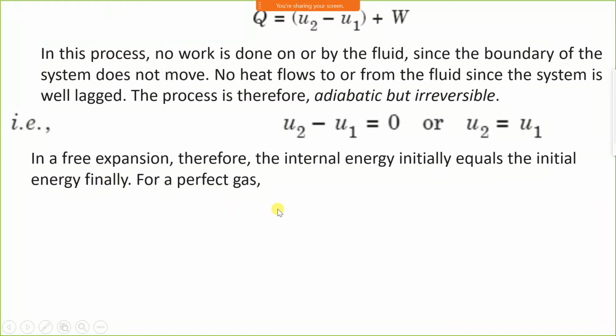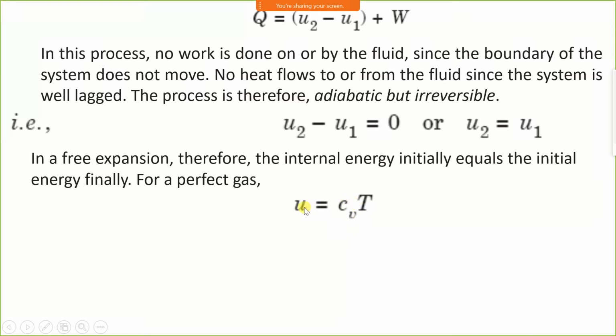For the perfect gas, U is equal to Cv into T. Internal energy is a function of temperature, but internal energy changes with the temperature with respect to the specific heat of a substance, and the internal energy changes only when the volume remains constant.